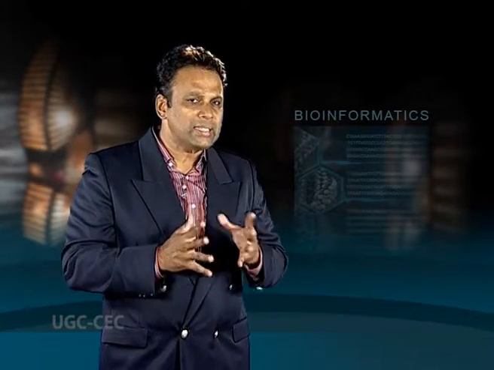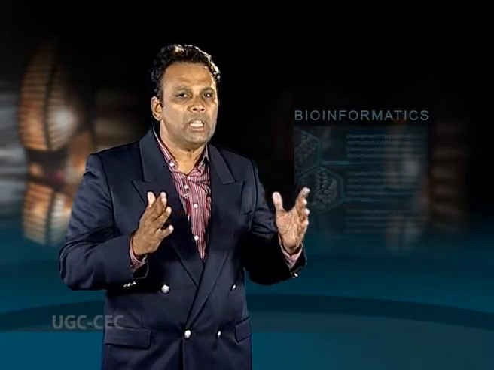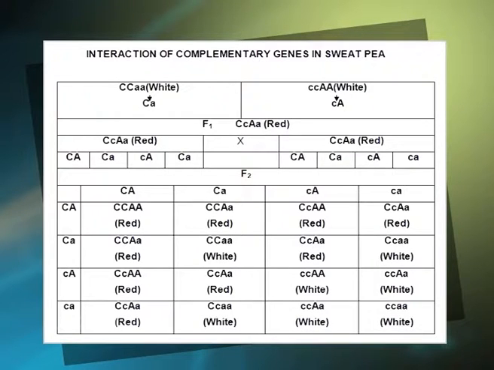The surprising results can be analyzed by understanding the mechanism of color production in flowers. The table shows the 9:7 ratio is a modification of not genotypic but phenotypic Mendelian ratios. Note that the C and A genes assort independently, and note that the presence of a recessive genotype at one locus, that is c or a, masks the effects of the alleles at the other locus.